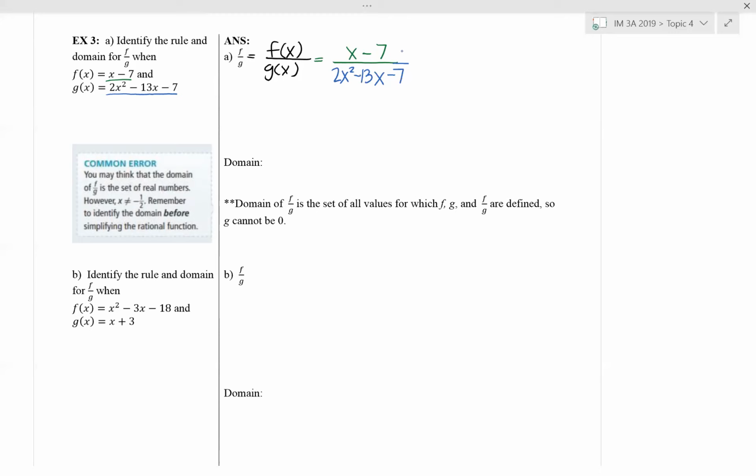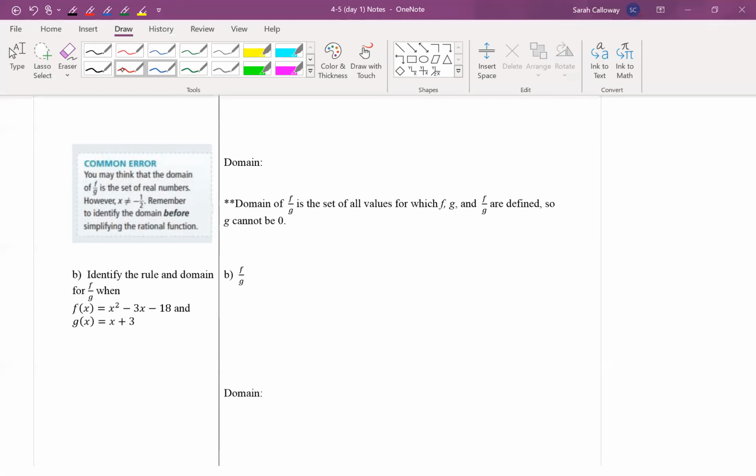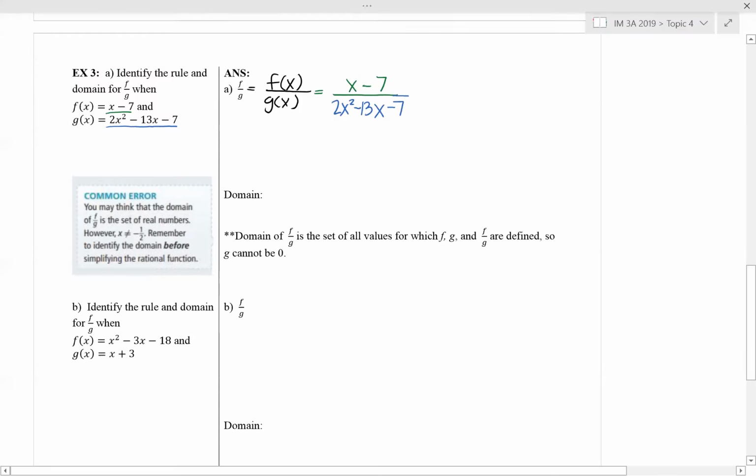Since my denominator is a quadratic, I want to try to factor that.